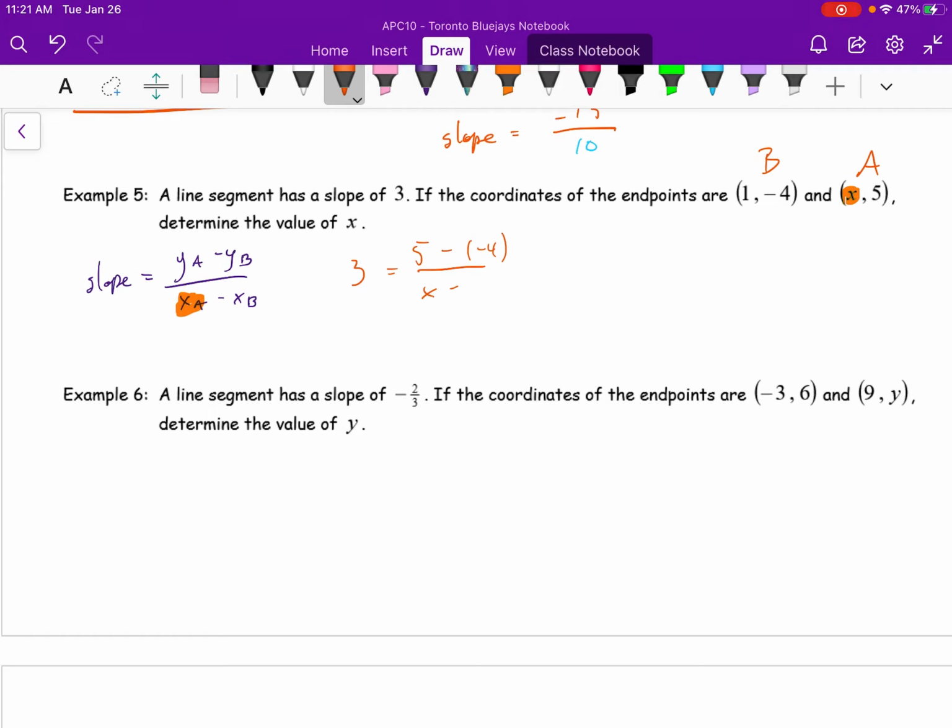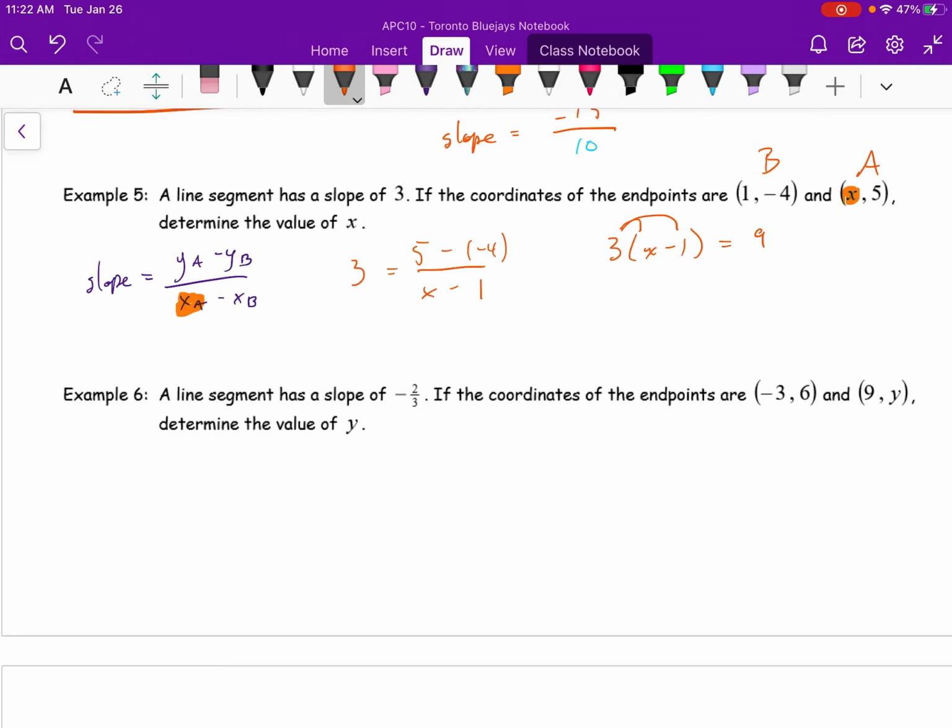Sorry, I made a mistake. So my slope is 3. My YA is going to be 5 minus my YB, which is negative 4. My XA is going to be X, the unknown. But my XB is 1. And instead of multiplying through here, I'm going to have a different idea.